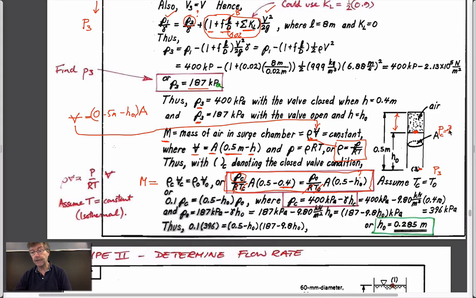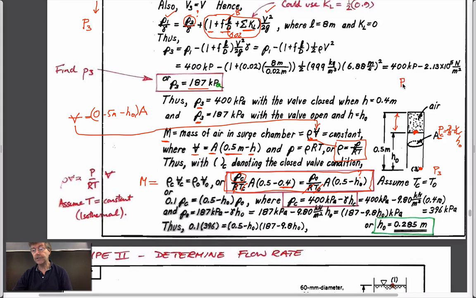The pressure at 3 minus the unit weight of water times H0. So we know this pressure because we calculated it from Bernoulli equation, either when it's closed, or when it's open. But we want to be able to calculate the pressure at the air cushion, so we just have to use the manometer equation.